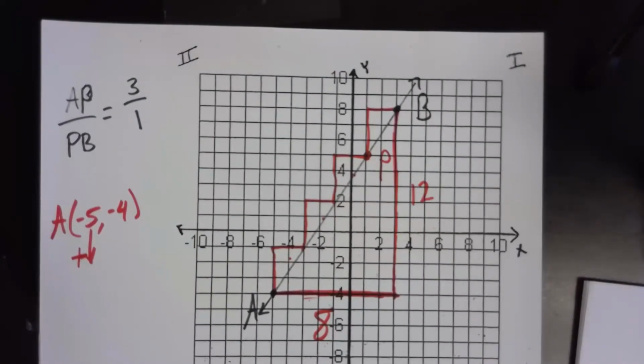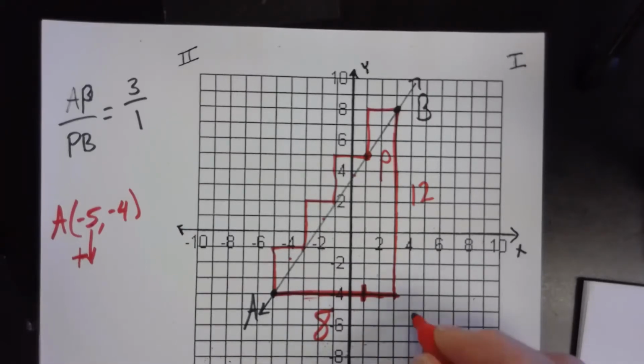So, what I want to do is I want to do some change to this, and I want to think, how far over did we end up going here to get to there? We went over what? 6 out of 8. Okay, 6/8.